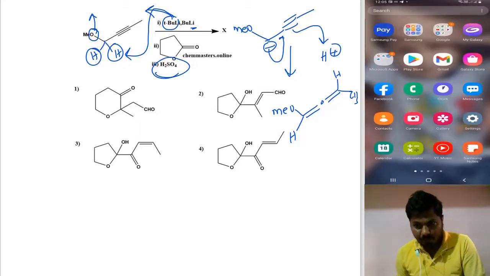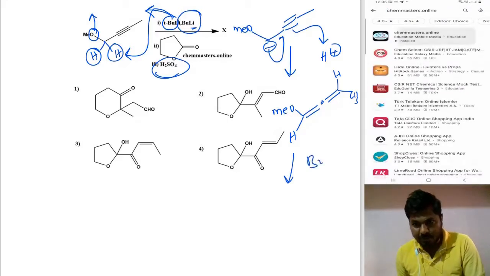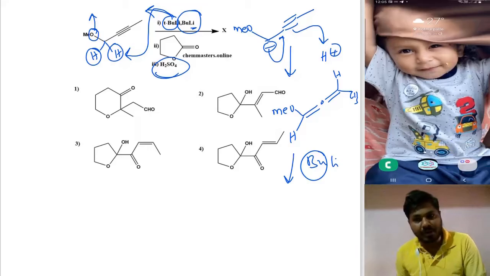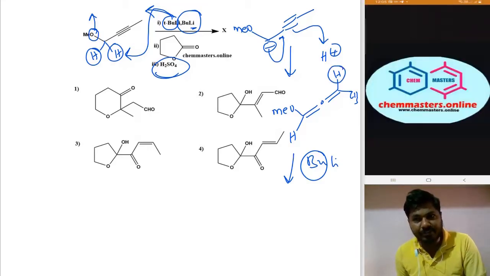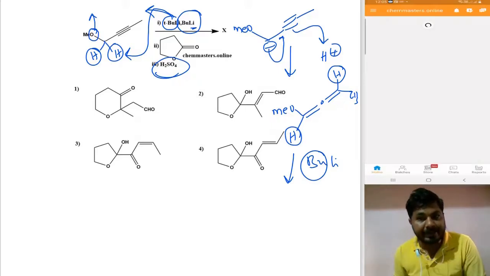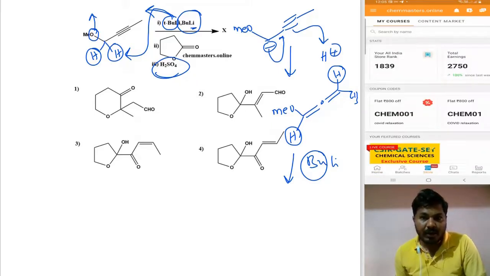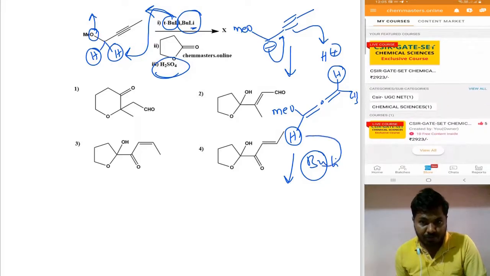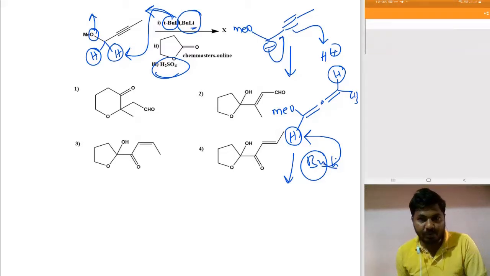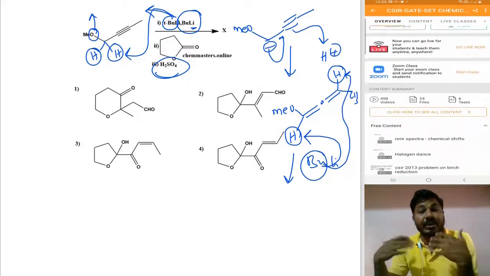Now in the next step, here it is very important. We have taken butyl lithium. Butyl lithium is also a base which can abstract an acidic proton, right? Here so many students get confused about which hydrogen is more acidic and can be picked up by this butyl lithium. If the butyl lithium abstracts the acidic proton from here, you get one kind of product, and if it abstracts this hydrogen, it produces another product.